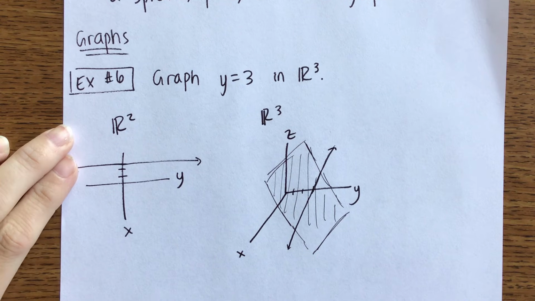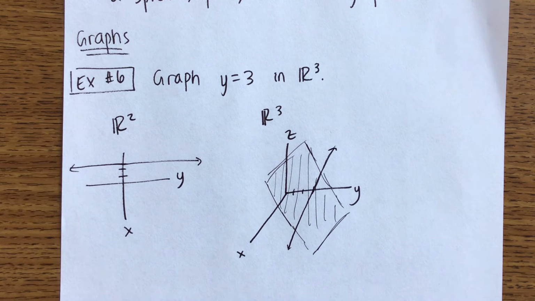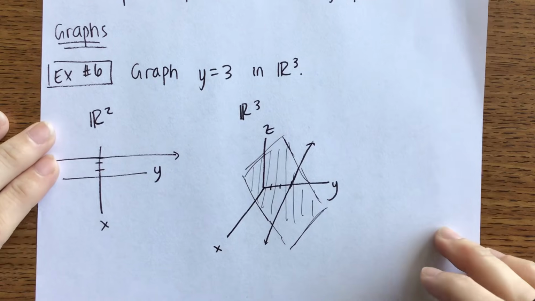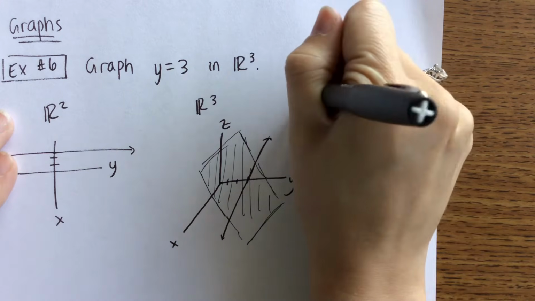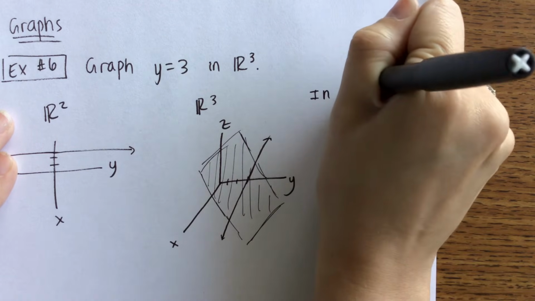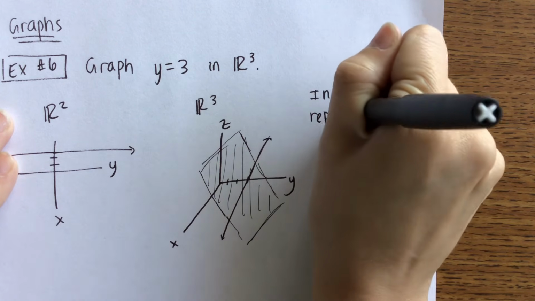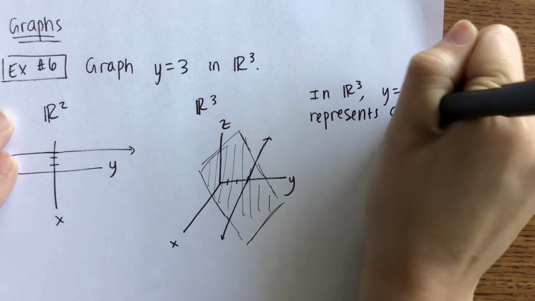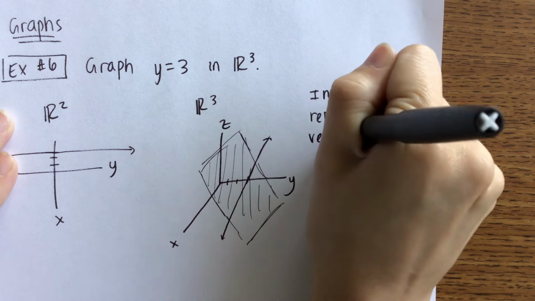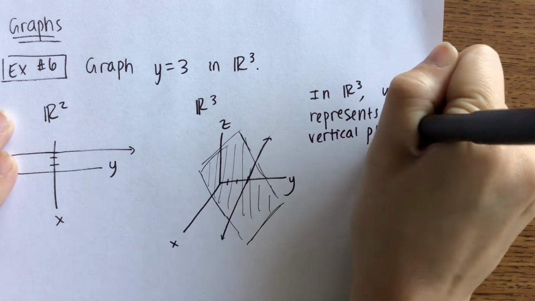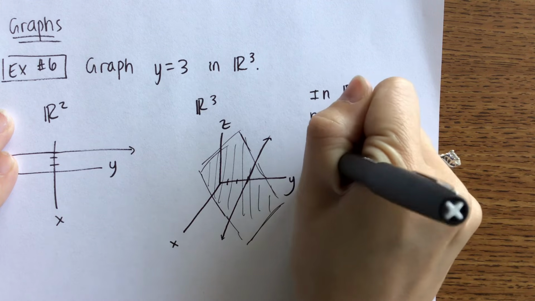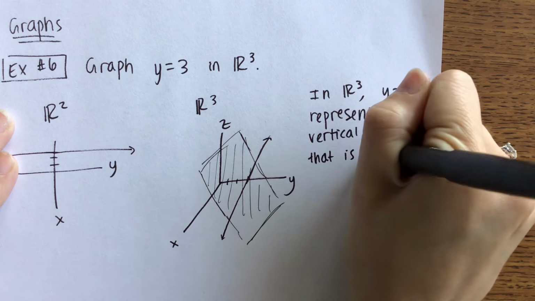In your homework on WebAssign, sometimes it's going to ask you to actually graph it. Sometimes it's going to ask you to describe the graph. So what would the graph look like? If we were asked to describe the graph, here's what I would say. In 3 space, y equals 3 represents a vertical plane that is parallel.